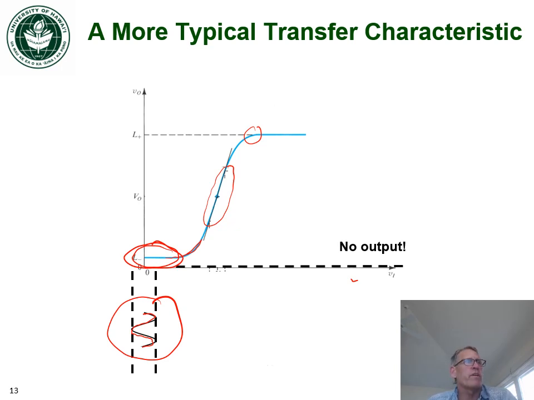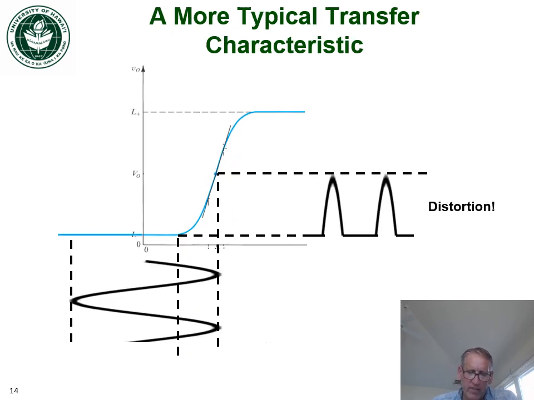Obviously, this is not working well as an amplifier, even though we appear to have a voltage transfer characteristic that gives us amplification. All right, let's do another example with this same amplifier. Now, in this case, we've decided, okay, we didn't get any amplification, so we're going to bump up our input signal significantly and make it much bigger, but still centered at 0 volts. Now, we're only going to get amplification in this region here, right?